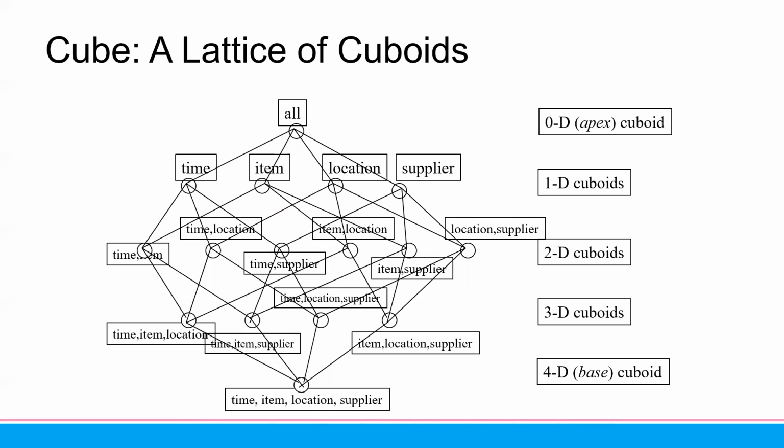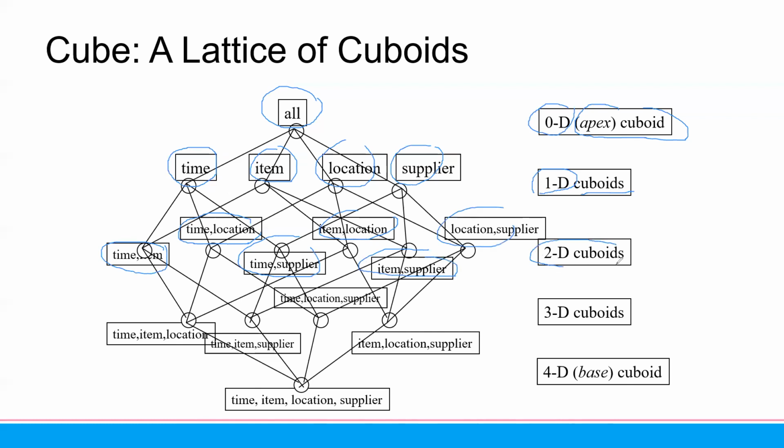So this is the lattice of cuboids. If you want to see all of this, this is the 0D, or we call it the apex cuboid. And then if we separate into one dimension, we call this 1D cuboids. If we have 2 dimensions, then time and item, time and location, time and supplier, item and supplier, location and supplier.